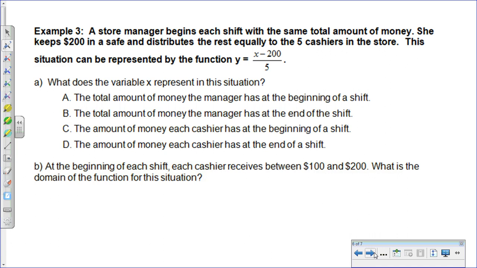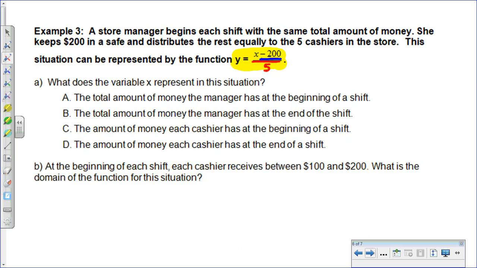Well, let's think about this equation. We know that the manager begins the shift with the same total amount of money. She puts $200 in a safe. So this minus 200 represents how much goes in the safe. And then she distributes the rest equally to 5 cashiers. So that's the reason for the division by 5.